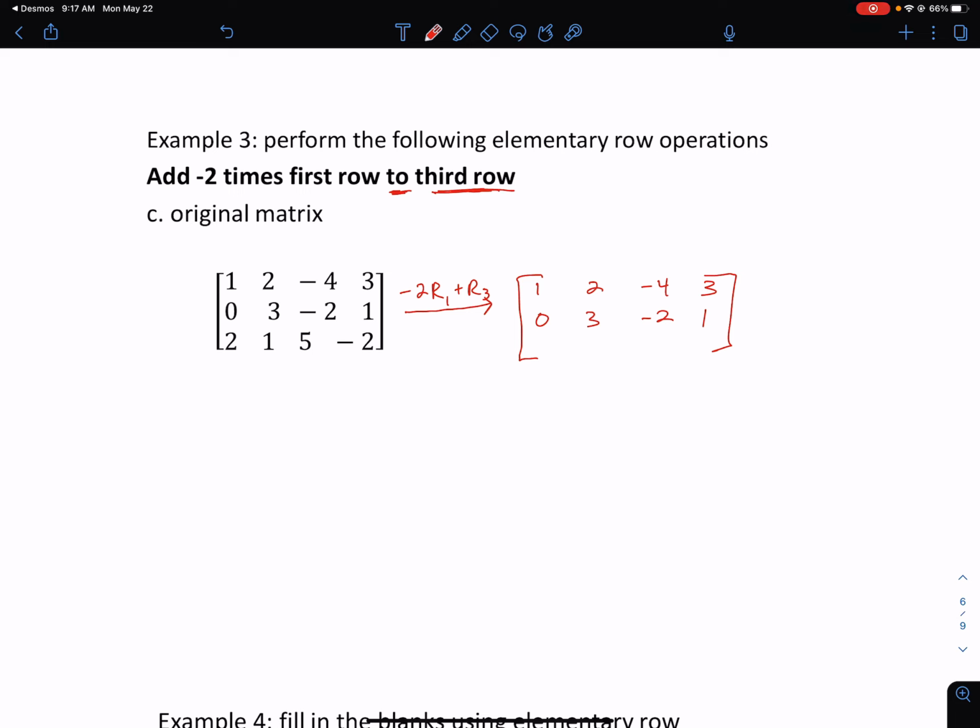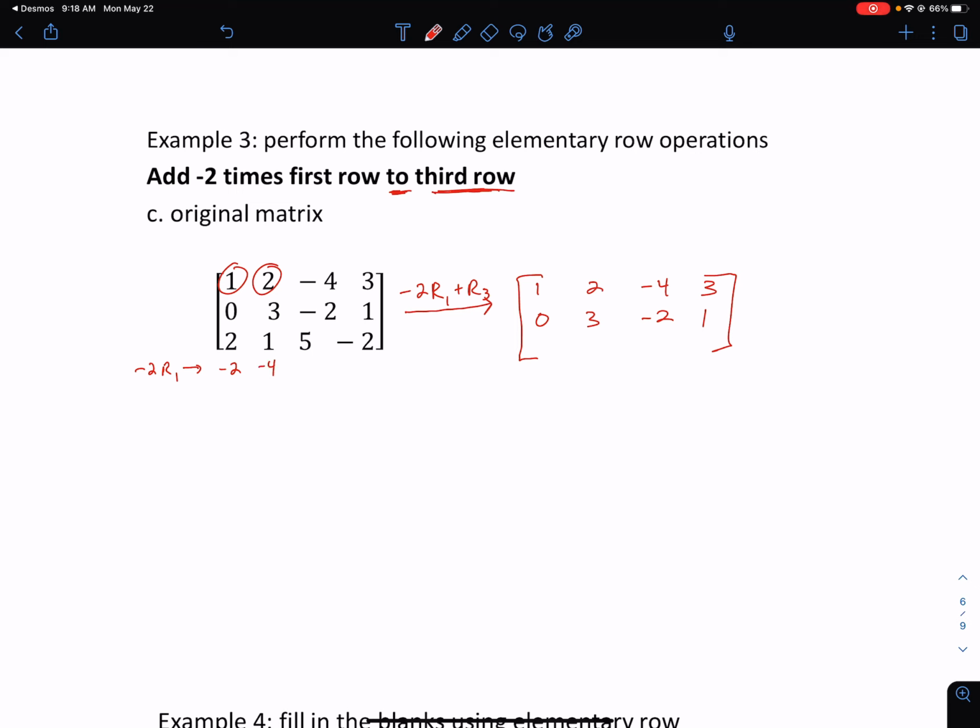All right, so now we're going to multiply row 1 by -2 and then add it to row 3. So I'm going to write -2R1 right here below row 3, so then I could add them. If I take the top row and multiply by -2, I get -2. If I multiply 2 times -2, I get -4.